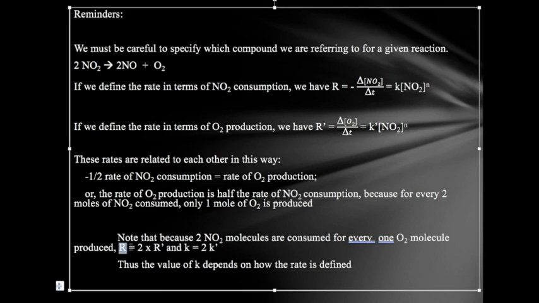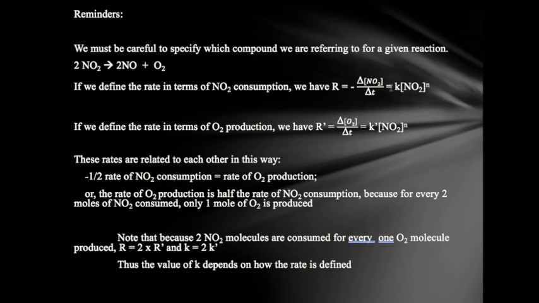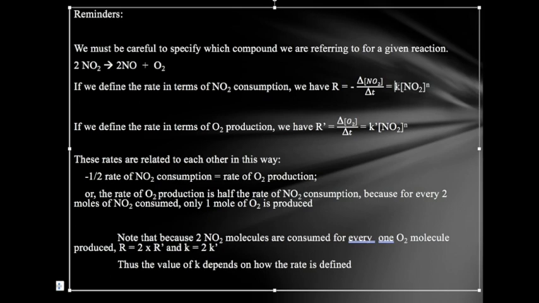So I'm able to say this, and therefore I'm able to say this, that my K value here, if I am defining my rate with respect to NO2 consumption, this K value is going to be twice as big as the K value down here.